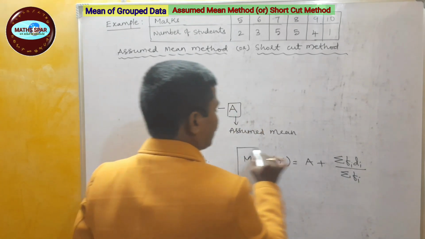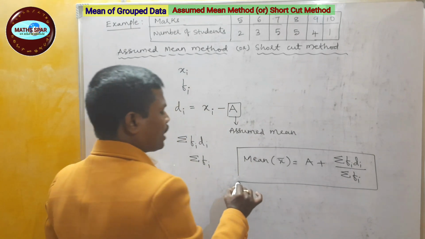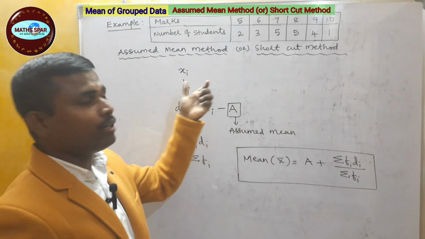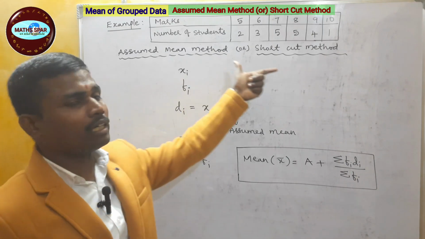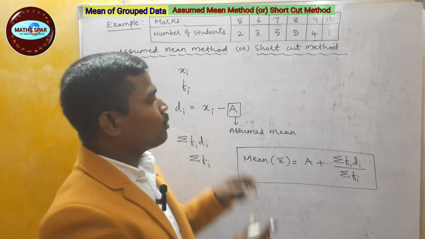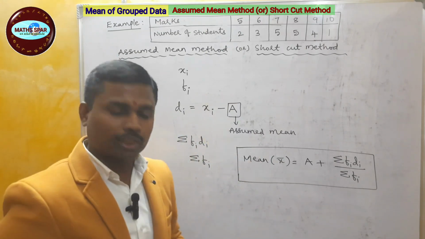So this is the formula to find the mean of a given distribution by assumed mean method or shortcut method. So let us go ahead for the solution.